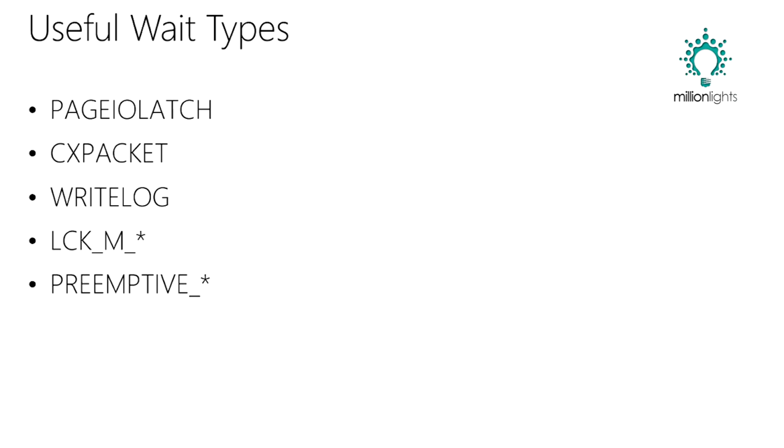So a good example of where we've had that: we had a customer that had problems. Nobody could log into SQL Server, or the application couldn't log into SQL Server. And we found that we could log in using a SQL Server account, but not with domain accounts. And when we had a look at the wait types, everybody was waiting on the preemptive authentication ops wait type.